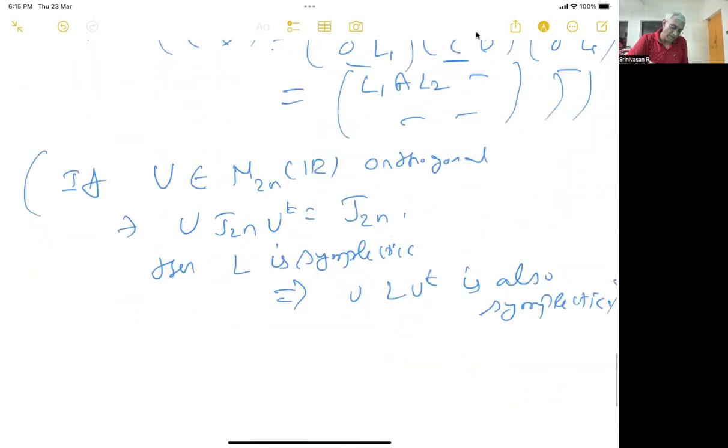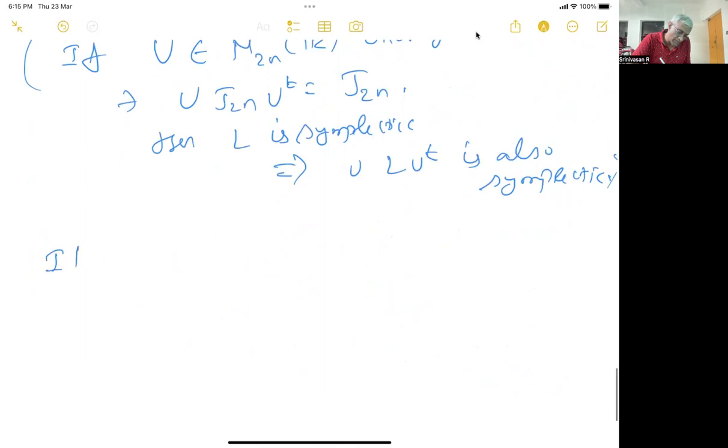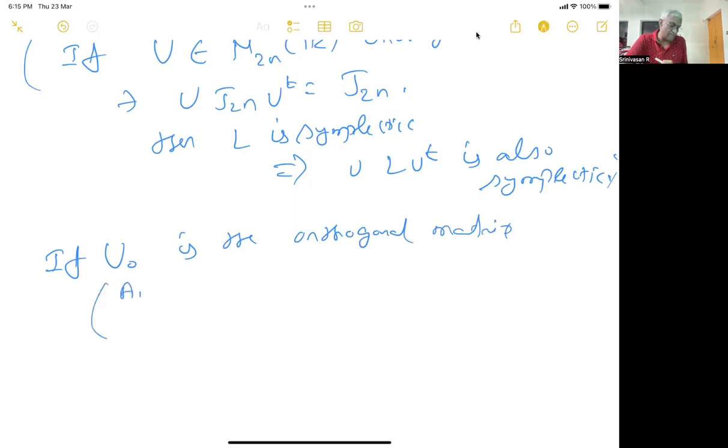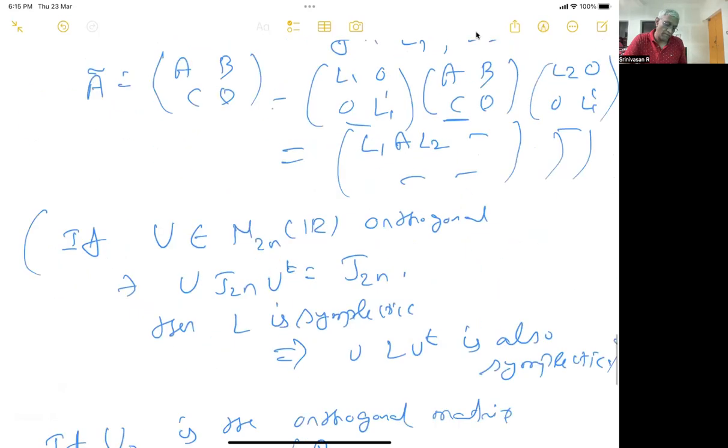So similarly, if U naught is the orthogonal matrix which takes this A tilde, whatever we have preserved, A prime, to this map, A1, we have to get A1.